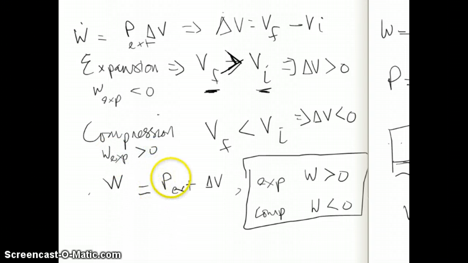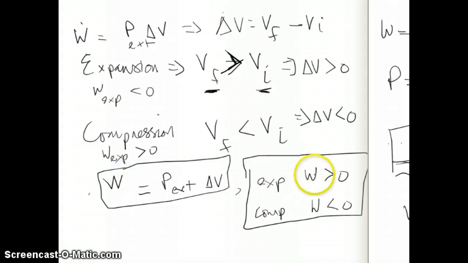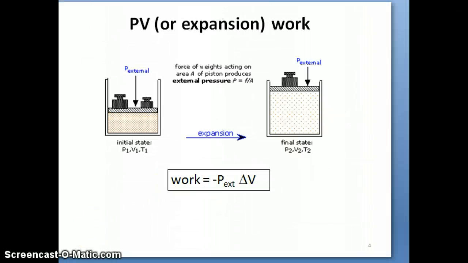Okay, so if we just use this form of the equation, we would actually get the exact opposite sign than what we expected. So to correct for that, we put a negative in front of this equation. Then the complete equation becomes: work is equal to negative P external times delta V. Going back to our slide from earlier, in the case of expansion, you're expecting the system to do work.